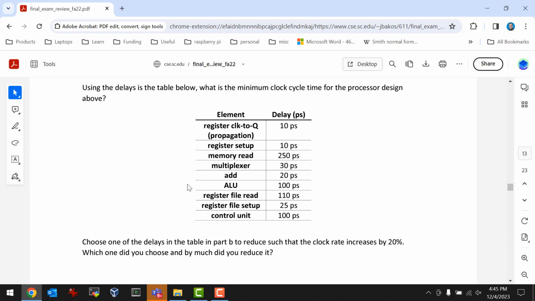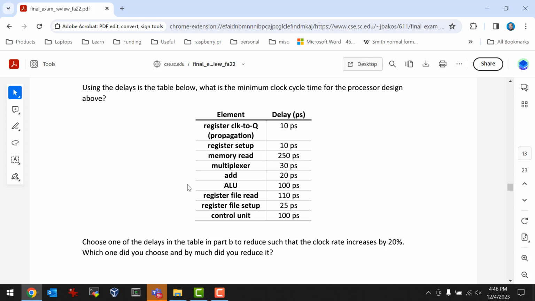So what's the total? 10 plus 110 plus 30 plus 100 plus 30 plus 25. So that's 120, 150, 250, 280, 305. 305 picoseconds.